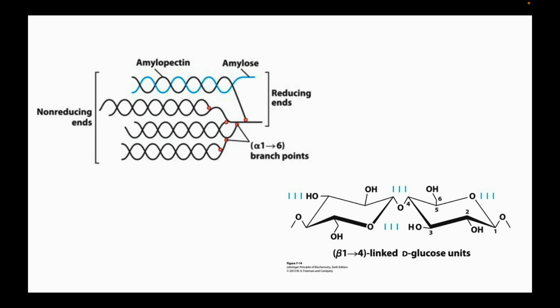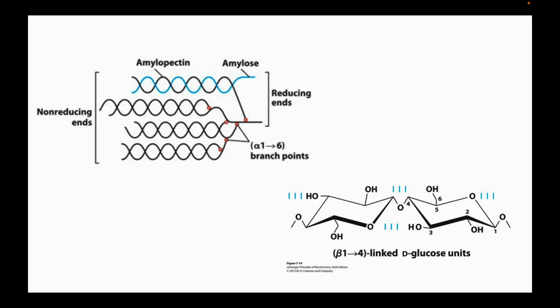So we are not able to digest cellulose. If we eat plant leaves, we won't be able to digest them. Why? Because they have a high content of cellulose, and our body cannot break the bond. These beta 1,4 linked glucose units are the basic units of cellulose.